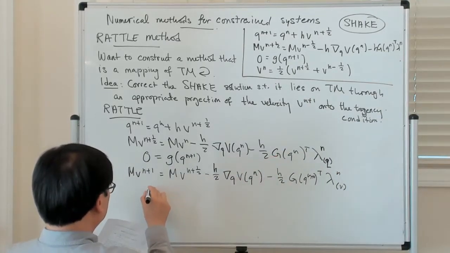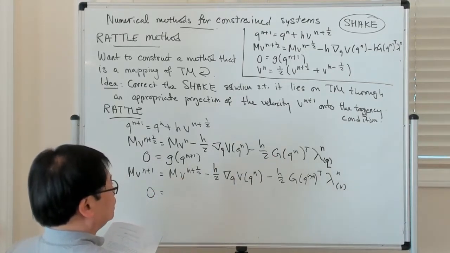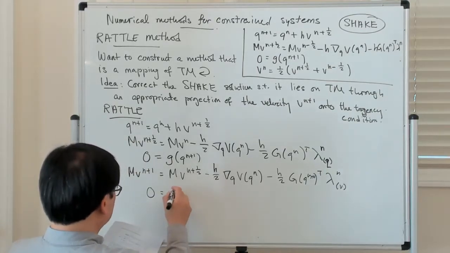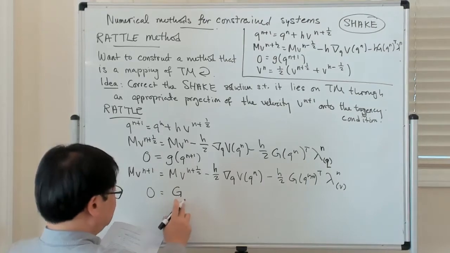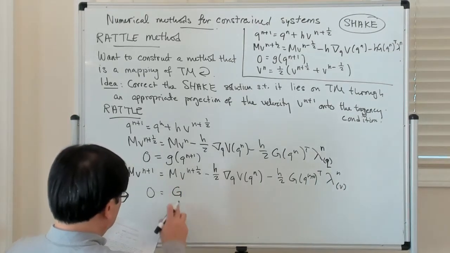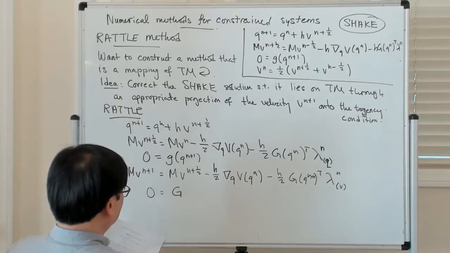And if you recall, the tangency condition is that the gradient of the constraint functions dotted with the vector vanishes. If you recall, big G is essentially the Jacobian of that vector valued little g.